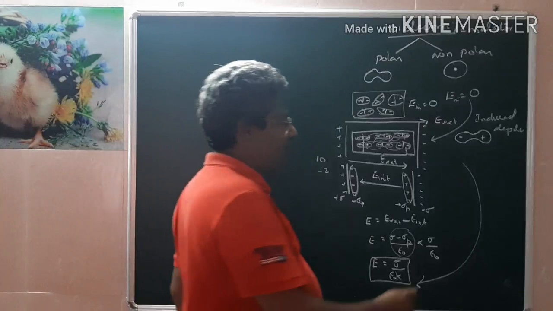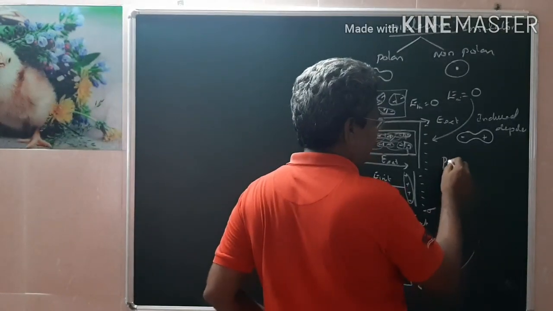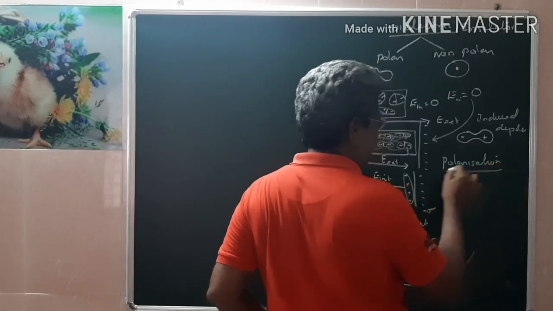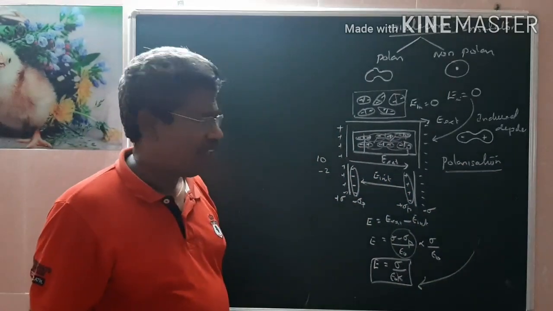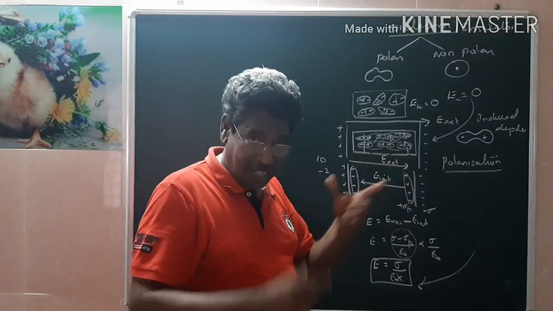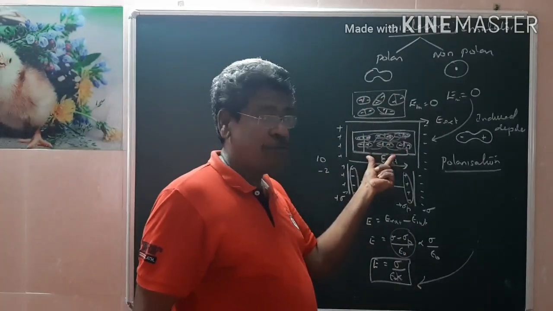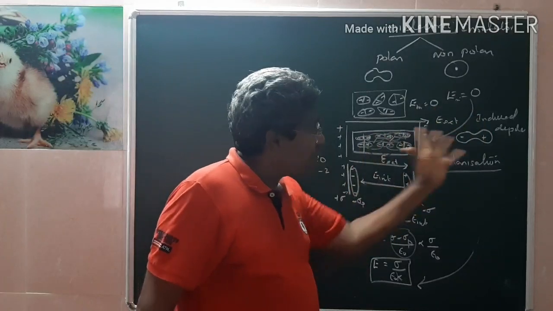And one more important term we use here is polarization. In the dielectric, we use another important term called polarization. What is polarization? It is the alignment of either permanent dipoles or induced dipoles in the direction of the electric field.